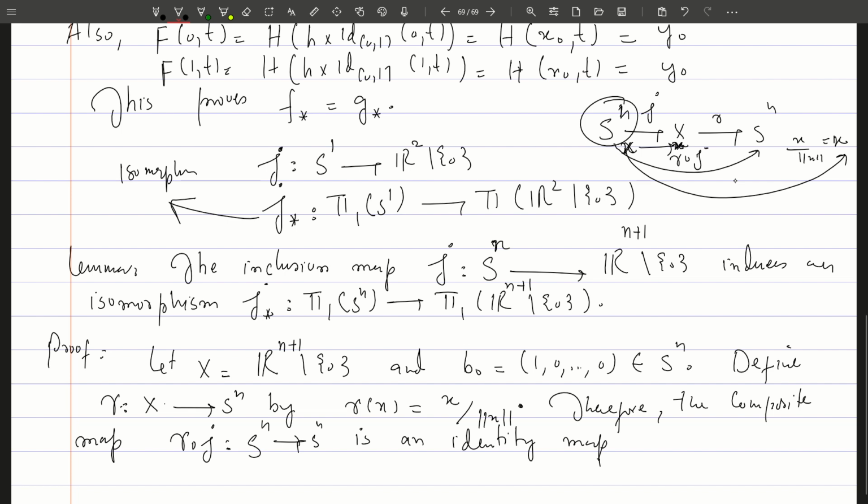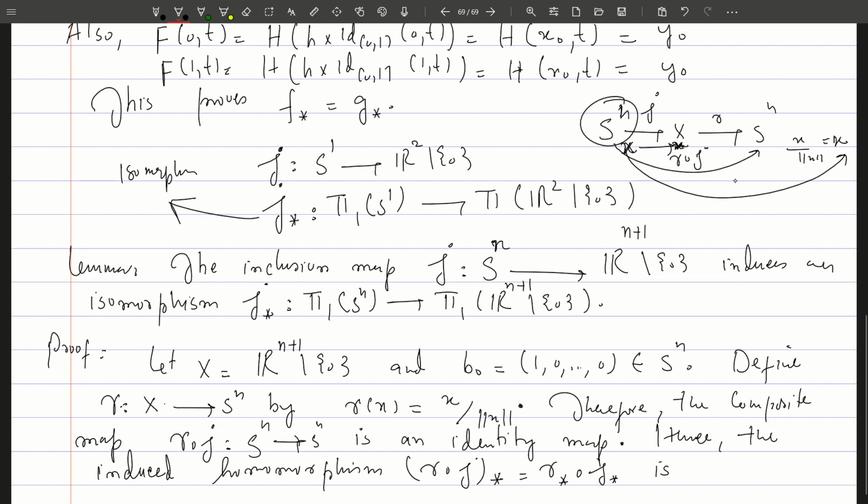Note that J is the inclusion, and hence J is a continuous map. R is also a continuous map, and so is R composite J. So this is the identity map. Hence the induced homomorphism R composite J star, which is the same as R star composite J star, is injective.